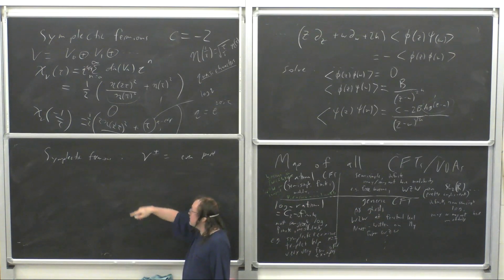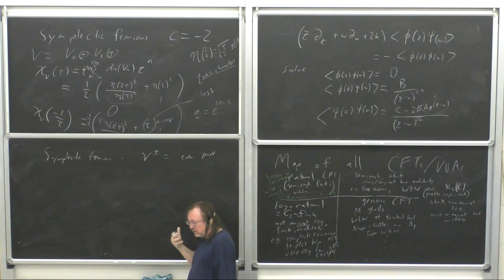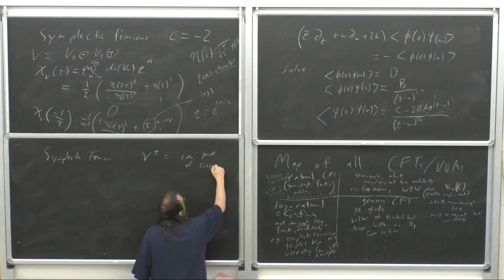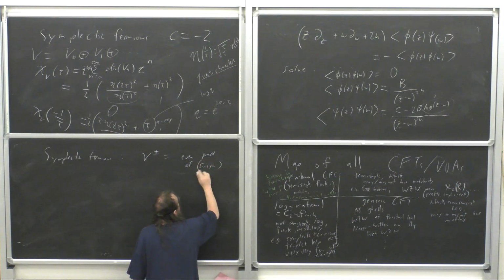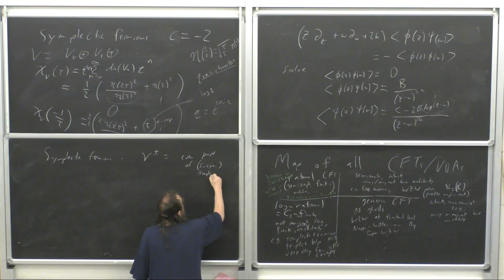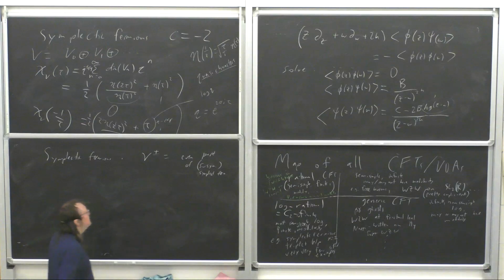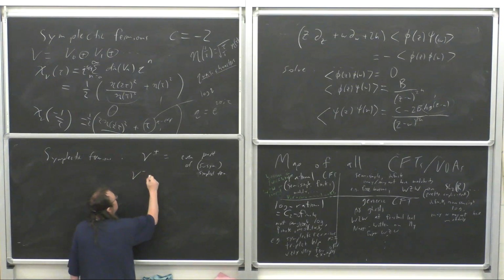So when I say symplectic fermions, I mean the even part of this supersymmetric theory. Most people, when you say symplectic fermions, would really mean the supersymmetric version. So we have the even and the odd.